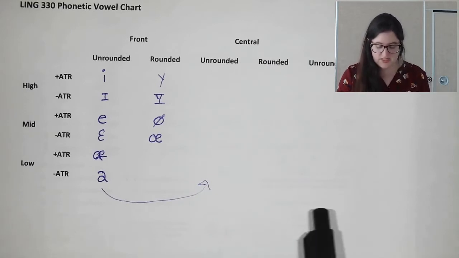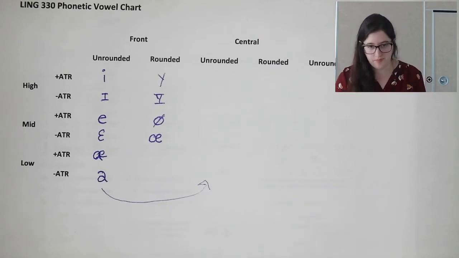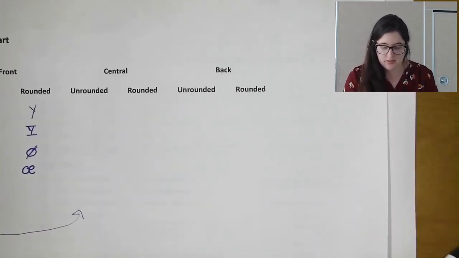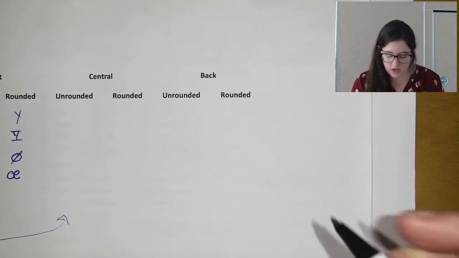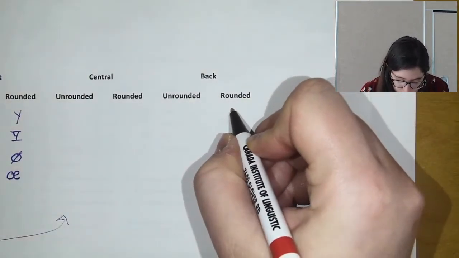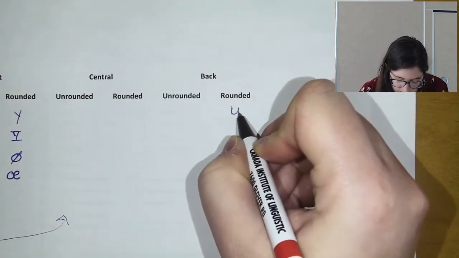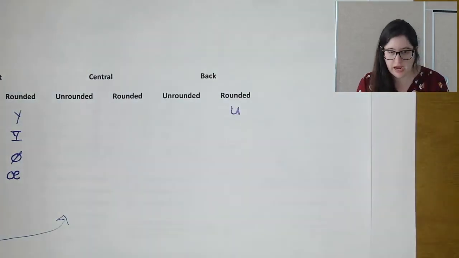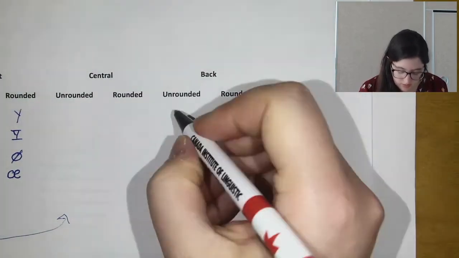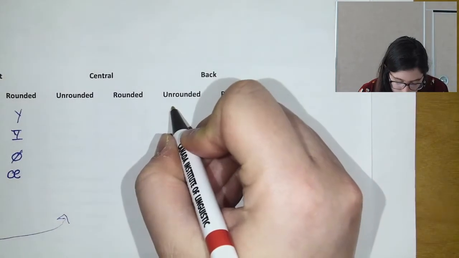We do have a separate symbol for the back one. So let's switch over to the back vowels now. We already talked about oo, which is our high or close back rounded vowel, and then we have the unrounded version, oo.